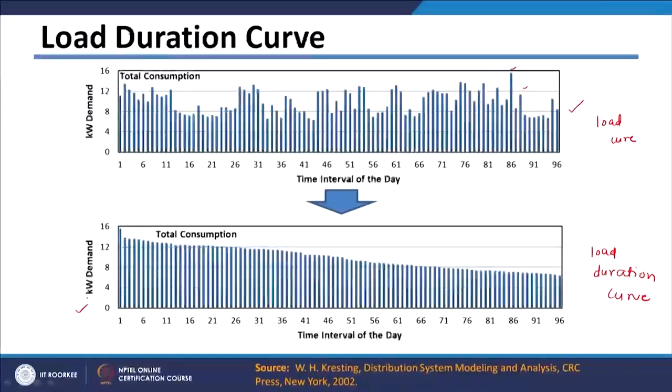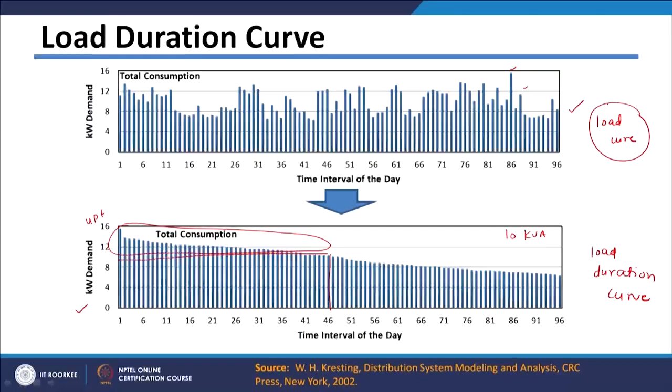If there is, say, a 10 kVA transformer which is feeding this particular load, and this is the kilowatt demand, say at unity power factor, then this is your 10 kVA line, and up to this time your consumption is more than 10 kVA, meaning during this period your transformer is overloaded.